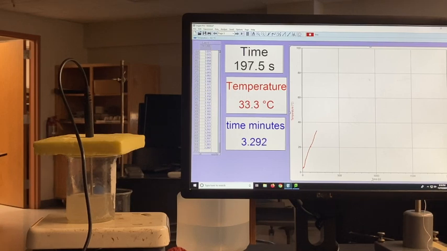All right, now we're going to do this. We're not really worried about how it goes up, but we're going to time it until it starts to boil. So we're up to almost 4 minutes.